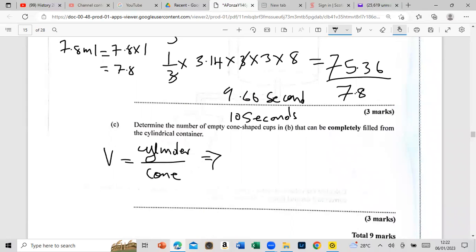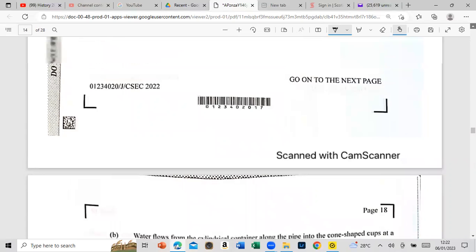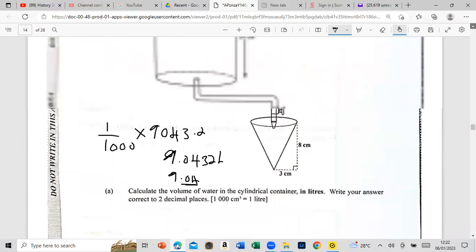I don't remember the figures, so I have to go back up. The second one is not easy, trust me.